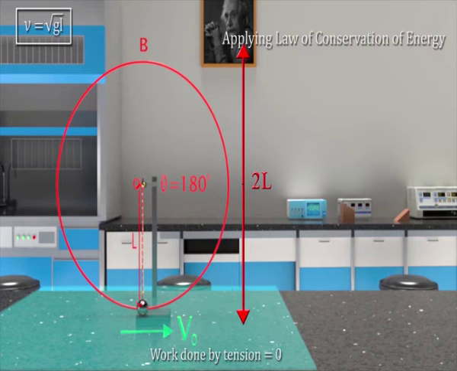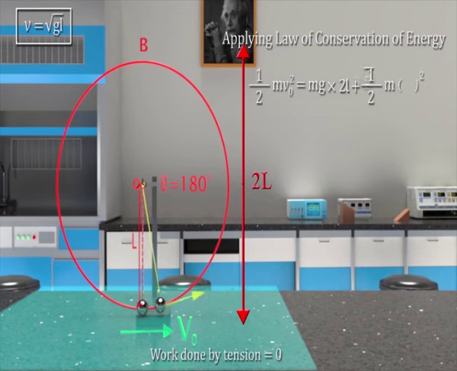Applying the law of conservation of mechanical energy at the lowest and highest points, that is, kinetic energy of bob at the lowest point, half m v naught square, is equal to sum of its potential energy, mg2L, and kinetic energy, half m v square at the highest point.